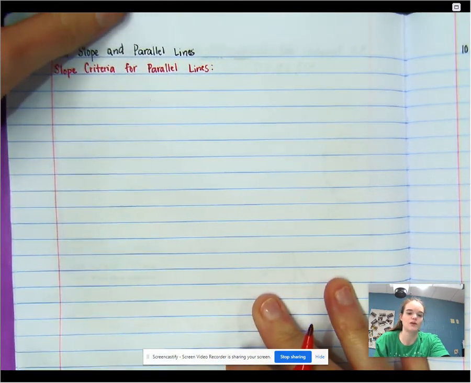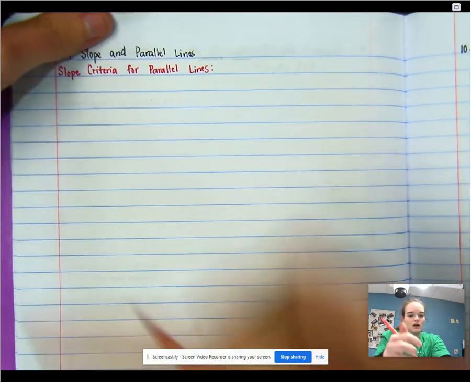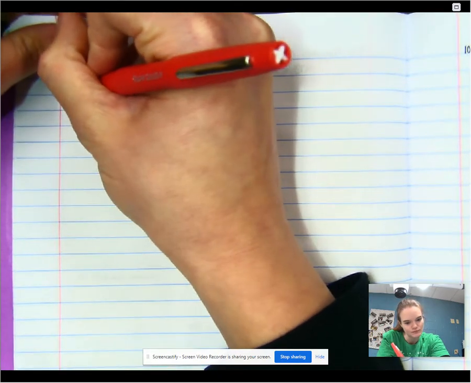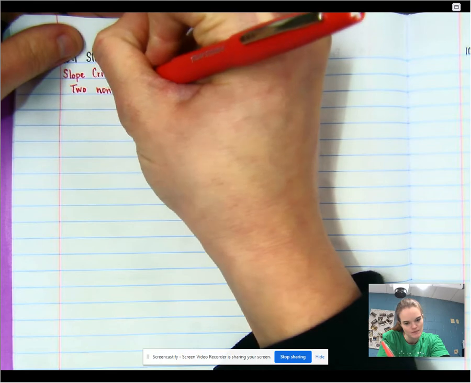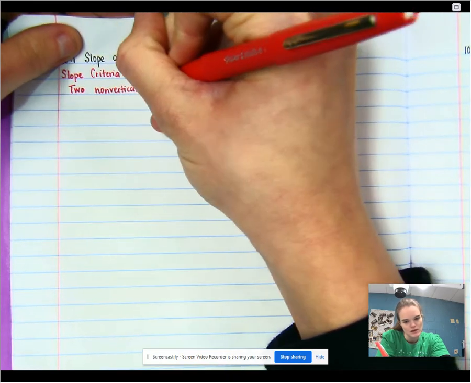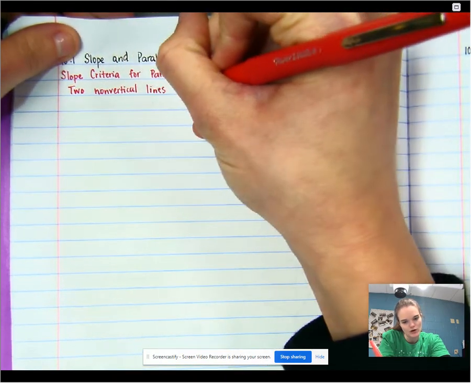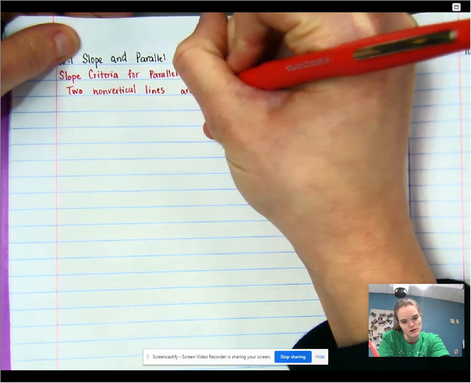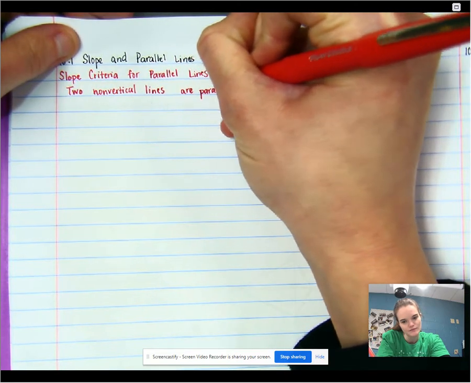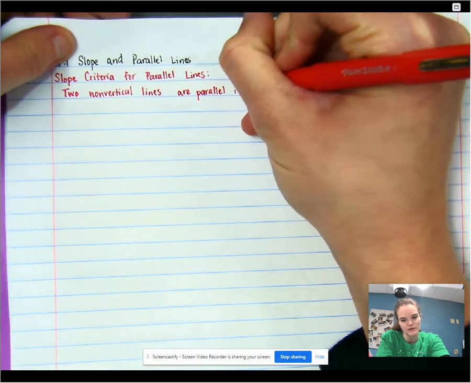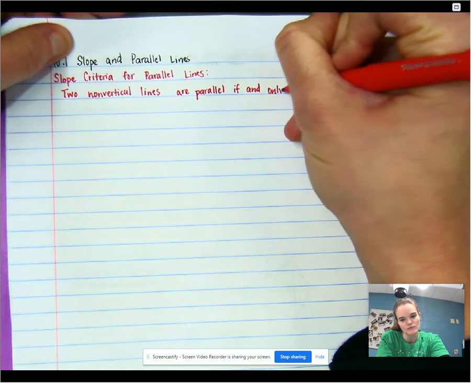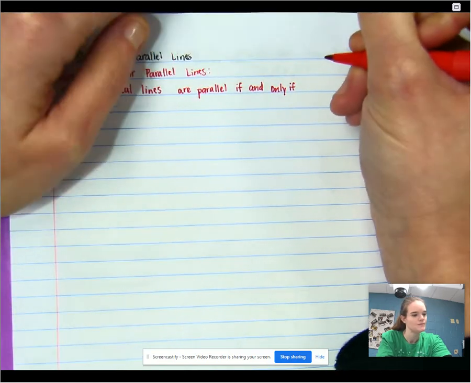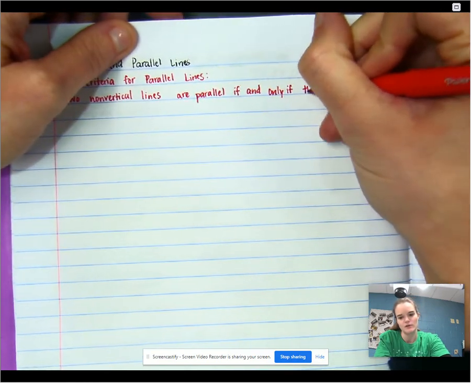It's just what's true about the slope of parallel lines. Two non-vertical lines are parallel if and only if they have the same slope.